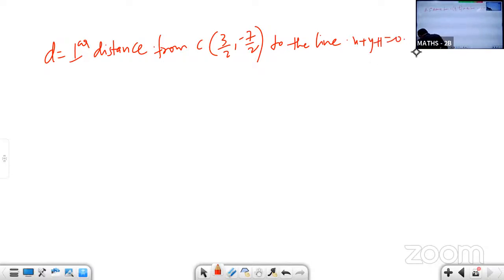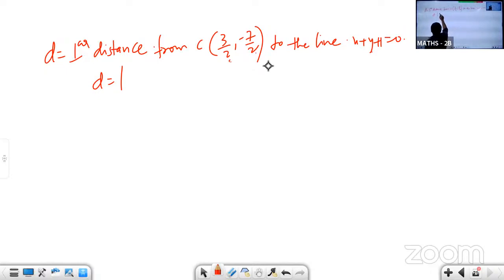So d is equal to mod of the perpendicular distance from the point to the line. Instead of x, you substitute your x coordinate, and instead of y, the y coordinate.